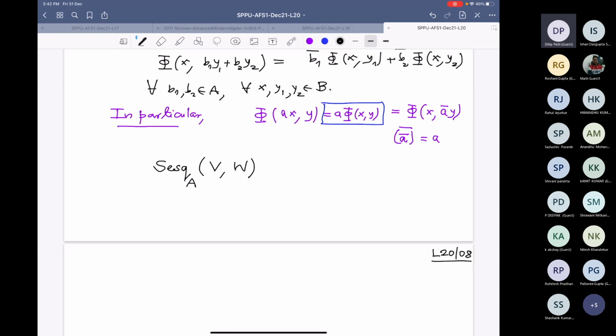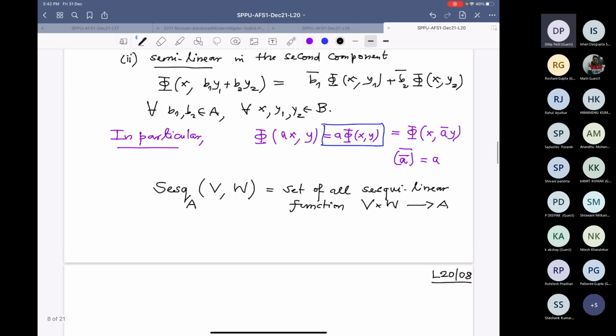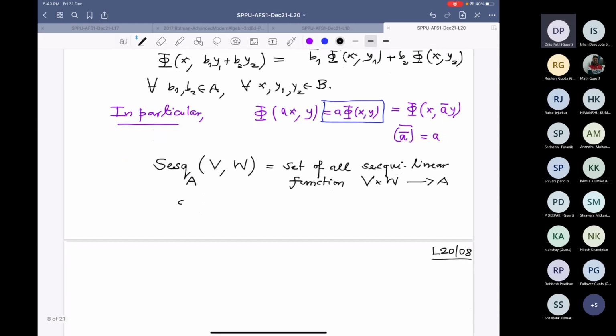All right. So this is the set of all sesquilinear functions from V cross W to A. Now, you see that for this sesquilinear function, if I call it phi, any sesquilinear function, I should look at its values.